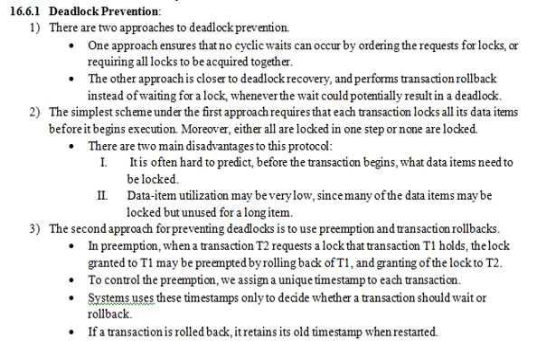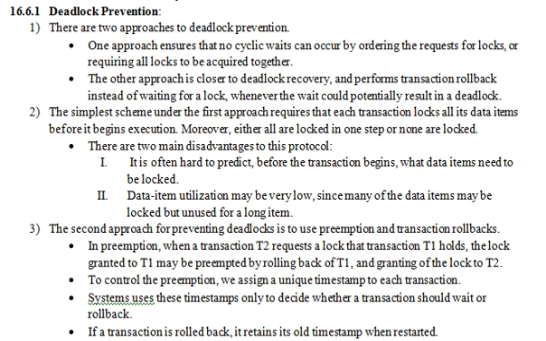Next, the second approach. The other approach is closer to deadlock recovery and performs a transaction rollback instead of waiting for a lock. So the transaction is waiting for a lock, like in granting locks. Observe that T2 is requesting shared mode, T1 in exclusive mode, T3 is requesting shared, and T4 is requesting shared, but till now T1 has not progressed.